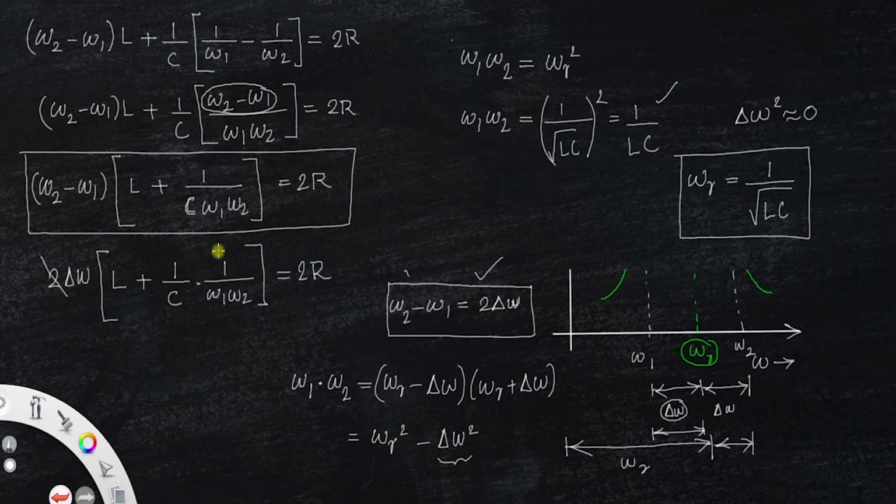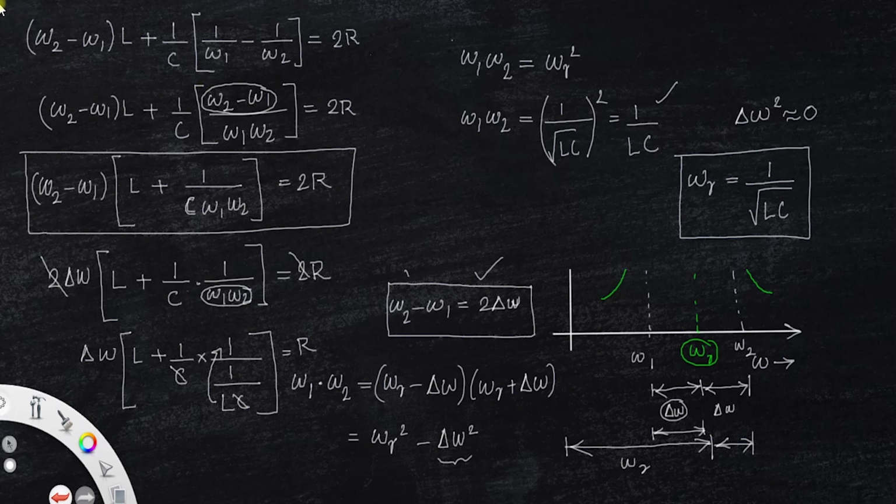You can cancel this 2 and this 2. So delta omega into L plus 1 by C into C, since omega 1 omega 2 is 1 by LC, equal to R. You can cancel this C and this L moves upward.